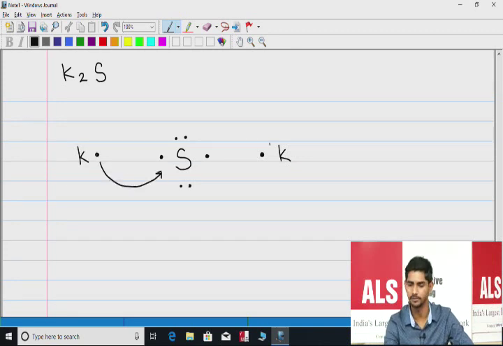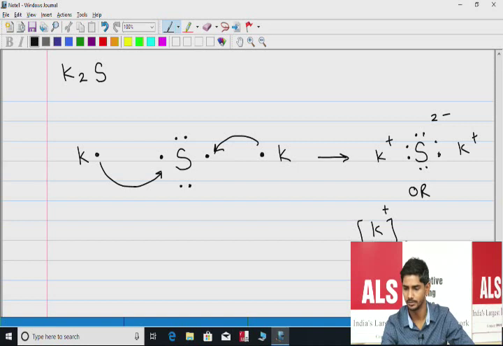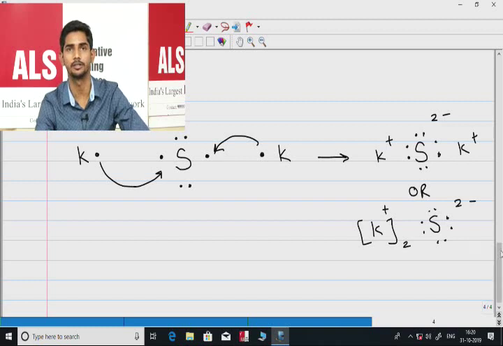That potassium gives one of its electrons to the sulfur, and after donating, sulfur will acquire a 2 negative charge because it has got 2 extra electrons, and potassium will develop a positive charge. And you can represent it like this: K plus with S2 minus. Okay, this can be the representation for this ionic compound.